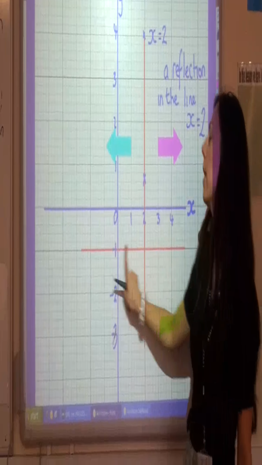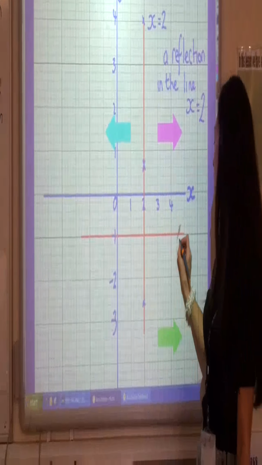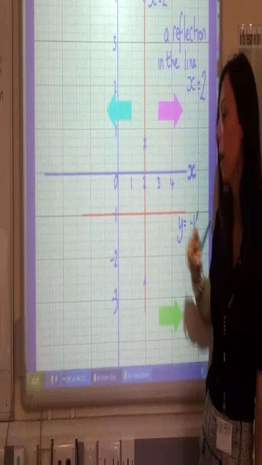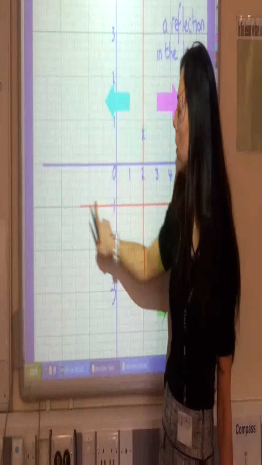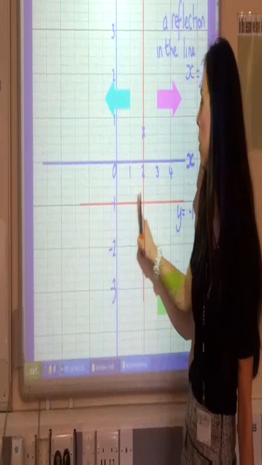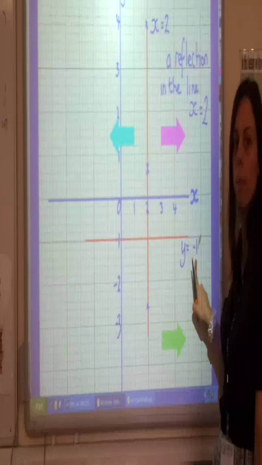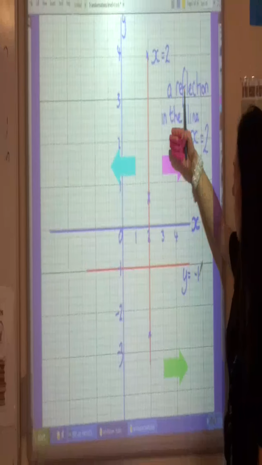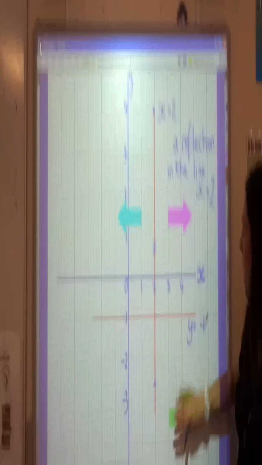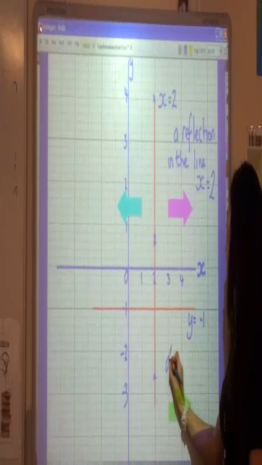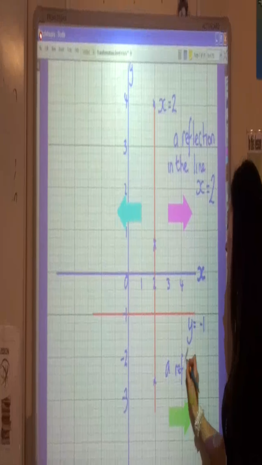So this line is called y equals -1, because everywhere along this line, all the coordinates, the y part, is going to equal -1. So to describe fully the transformation from here to here, I would say again, it's a reflection.